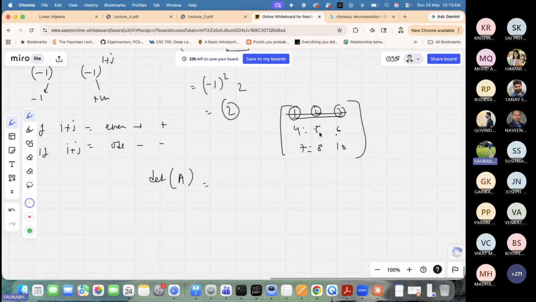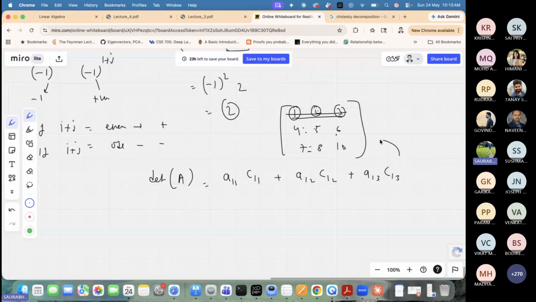Once you compute the determinant, you can find the determinant as A11 times C11 plus A12 times C12 plus A13 times C13.